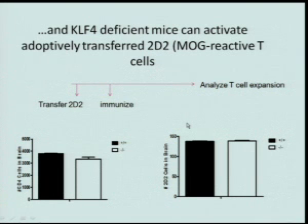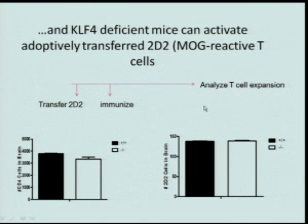So in order to look a little bit more carefully at whether there was something about the KLF4 knockout mice that suppressed their ability to activate MOG-reactive T cells, we adoptively transferred the MOG-reactive 2D2 transgenic T cells, which are specific for myelin oligodendrocyte protein, into either wild type or knockout mice, immunized the mice, and looked at the expansion of the transgenic T cells.